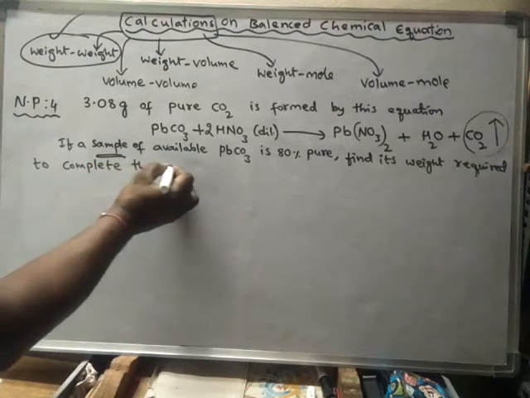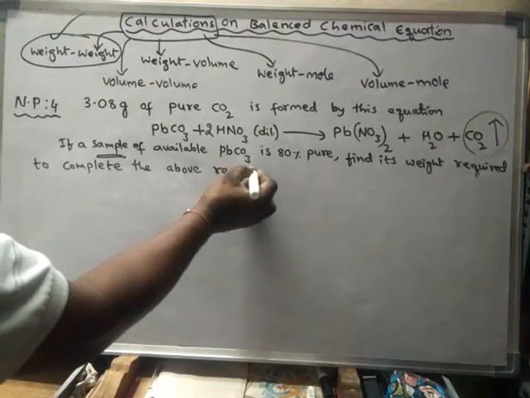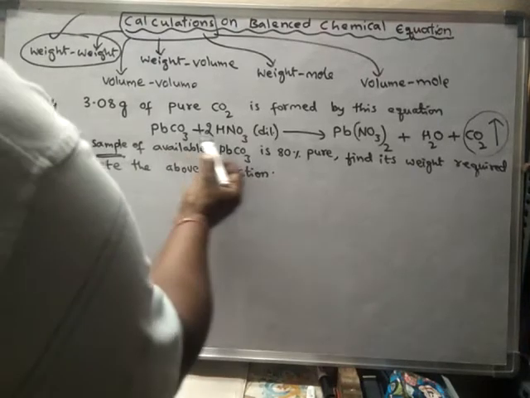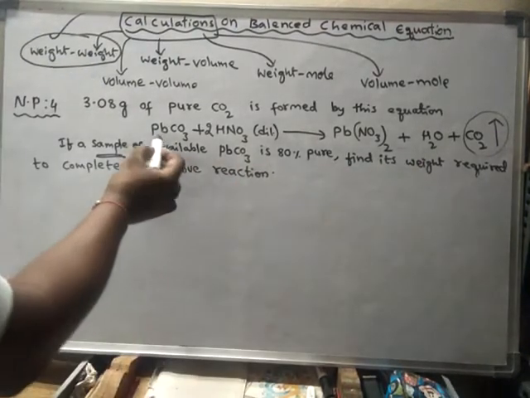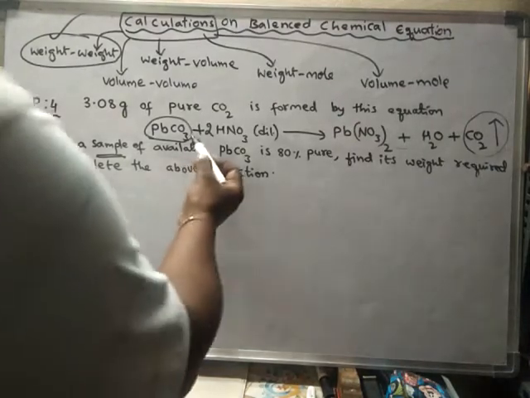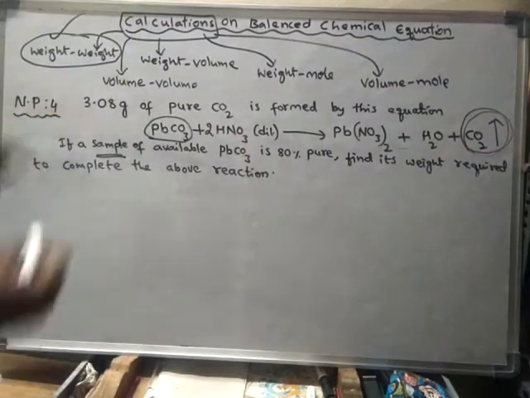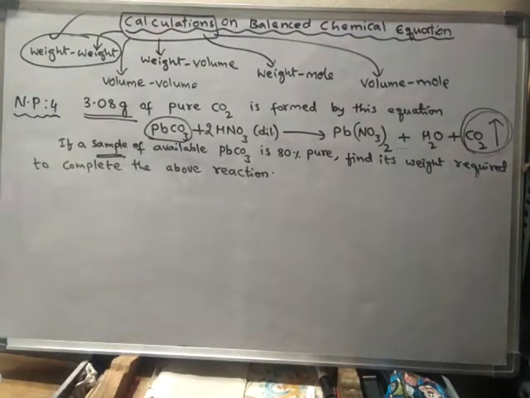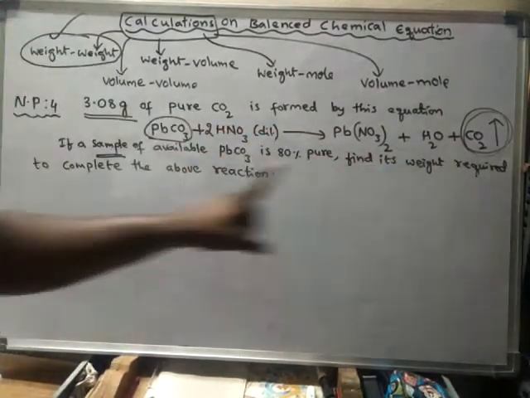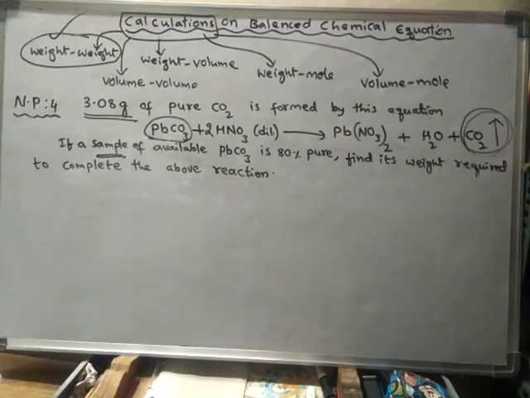So for the completion of this reaction, how much lead carbonate is required? In this reaction, how much carbon dioxide is formed? This much carbon dioxide is formed. For the formation of 3.08 grams of carbon dioxide, how much lead carbonate is required? Impure lead carbonate is required.